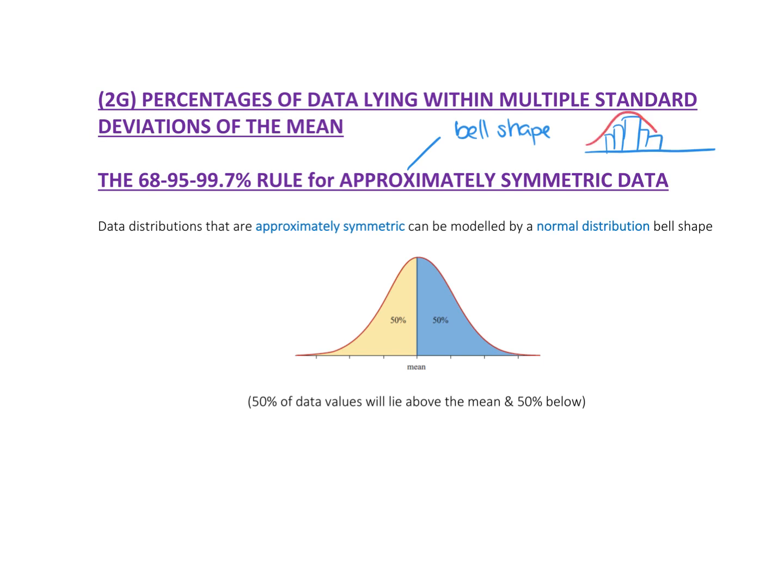They will always tell you in the questions, you will see this wording that the data is approximately symmetric, or sometimes they'll say it's normally distributed. Okay, just so you know, if you see those words, we're going to be using the mean and the standard deviation. So remember that.